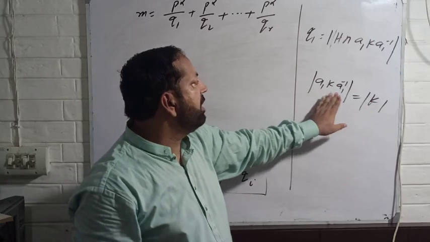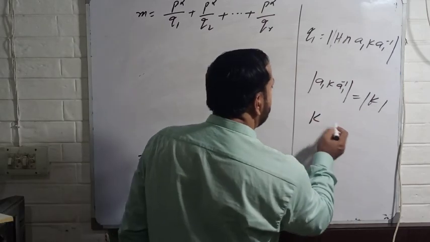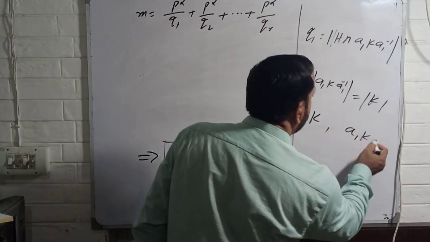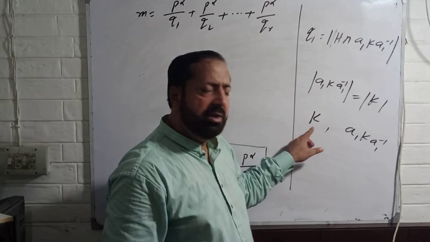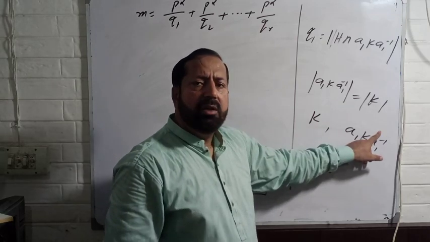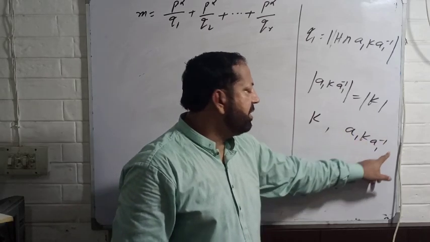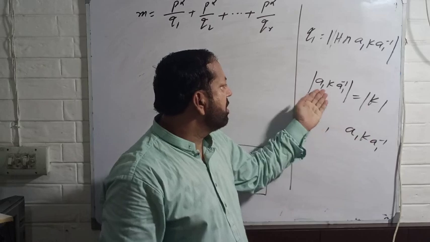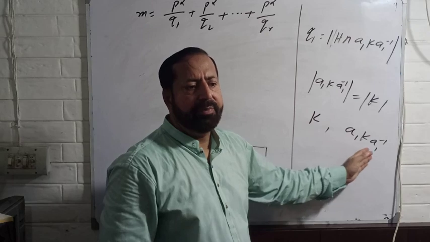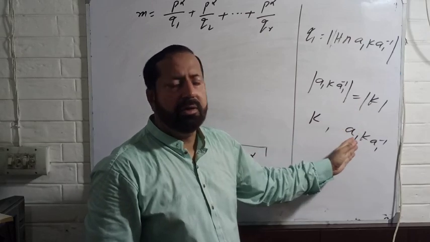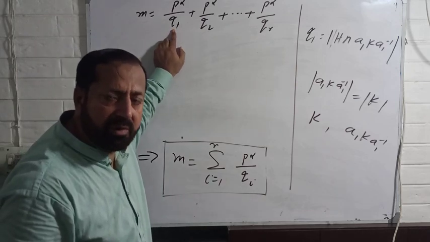So that's why A1KA1 inverse is also a Sylow p subgroup. Look at here, one is K and one is A1KA1 inverse. K is a Sylow p subgroup, so A1KA1 inverse of course must also be a Sylow p subgroup, right? Because their orders are the same, its order is also some p power alpha type. So every qi is divisible by some power of p.